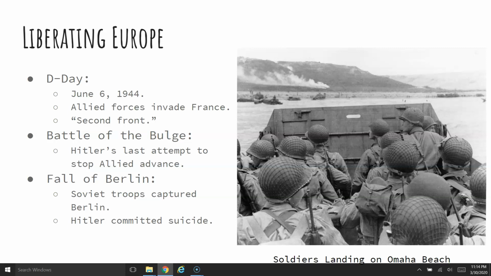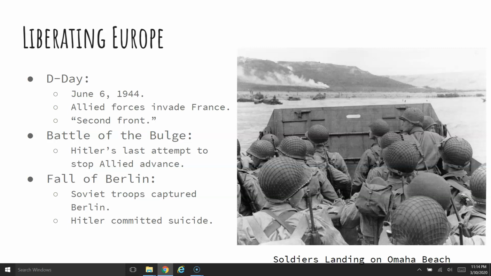So Hitler made a last-ditch effort to push back the British and American troops. He did manage to surround portions of the American army, most famously around the town of Bastogne. But eventually the Allies did dig in and were able to push the Germans back.